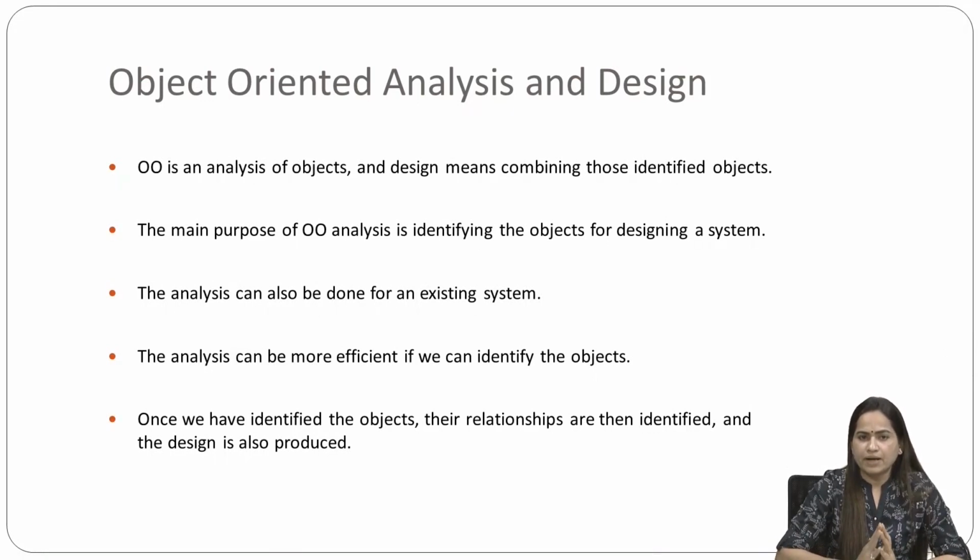Once we have identified the objects, their relationships are then identified and the design is also produced. Once you identify the objects, based on the objects you decide how the relationships will be between the objects. And once the objects and relationships are identified, you are able to define the design of your system.